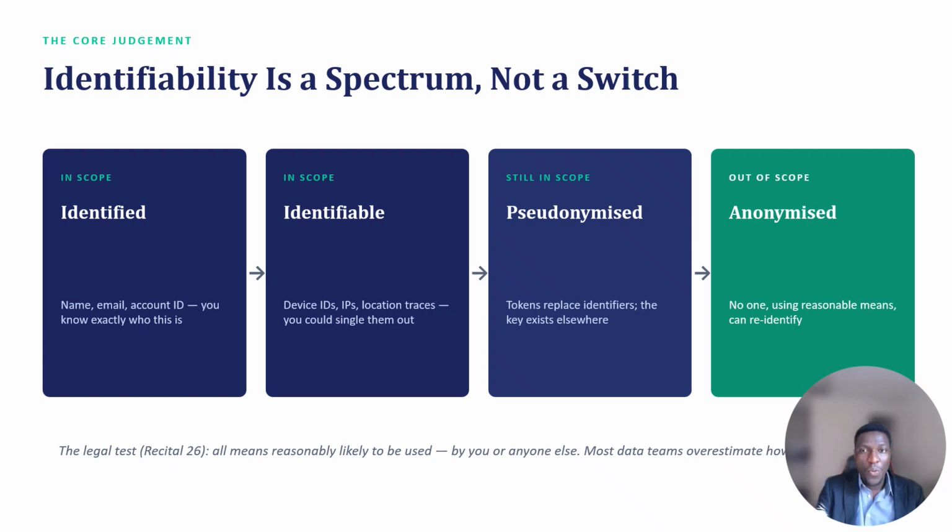Now, what we have out of scope of most privacy laws is anonymized data. Anonymized data are data that no one using reasonable means could re-identify, who the data subjects are or who those personal data relate to.